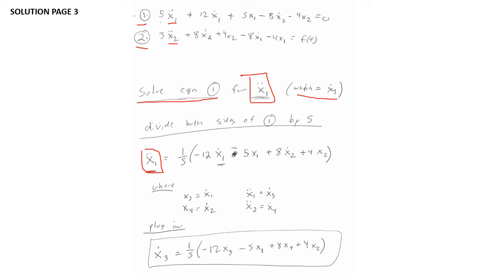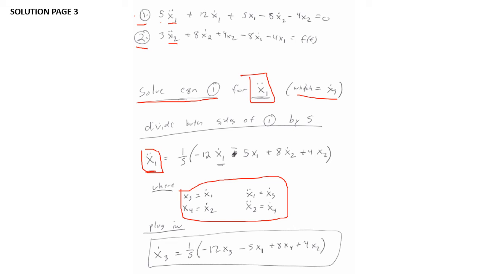So we do that, and we end up with our right-hand side being 1/5 times, in brackets, negative 12 x1 dot minus 5 x1 plus 8 x2 dot plus 4 x2, where we can now make these substitutions. x3 is equal to our x1 dot, x4 is equal to our x2 dot, x1 double dot becomes our x3 dot, and x2 double dot becomes our x4 dot.